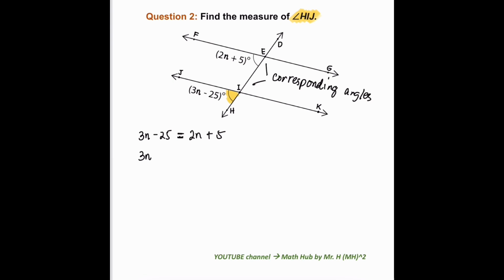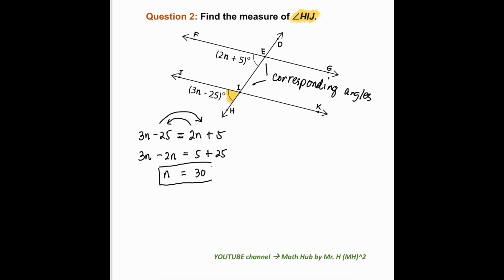So 2n jumps over to the left-hand side and becomes negative 2n, 5 stays on the right, but negative 25 jumps over to the right and becomes plus 25. 3n minus 2n is n equals 30.